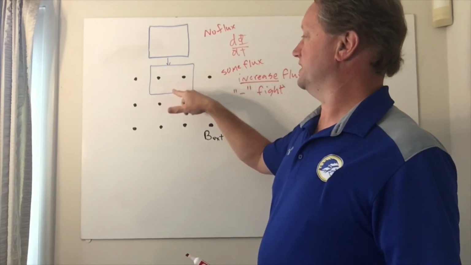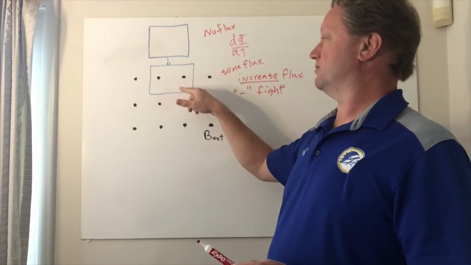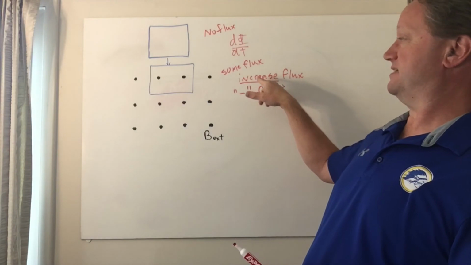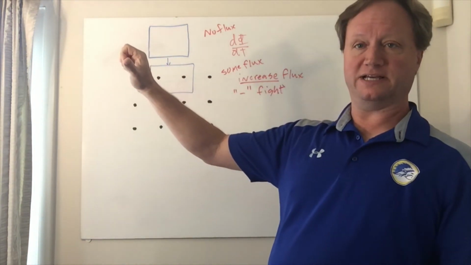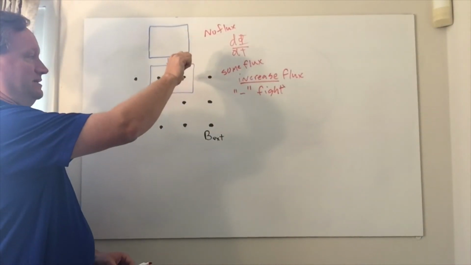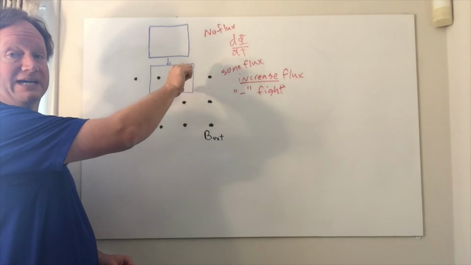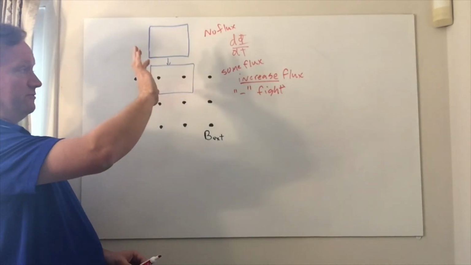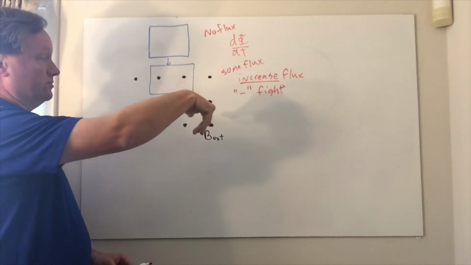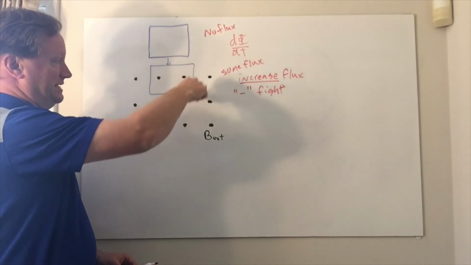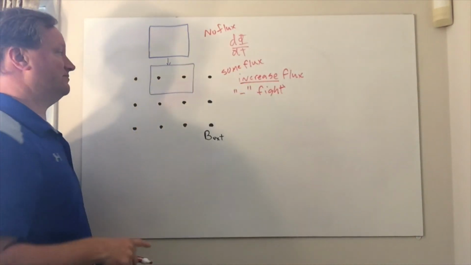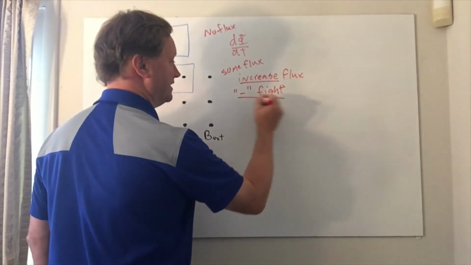So we have B dot A, we have our flux. What we want to set up is a current that opposes that flux. My field is going this way. I don't want to support that. I want to oppose that. So we want to set up a field from the coil in that direction. To set up a field in that direction, if I wrap my fingers around, if I have a current in a clockwise direction, I will set up a magnetic field that opposes that, and I will fight the change.